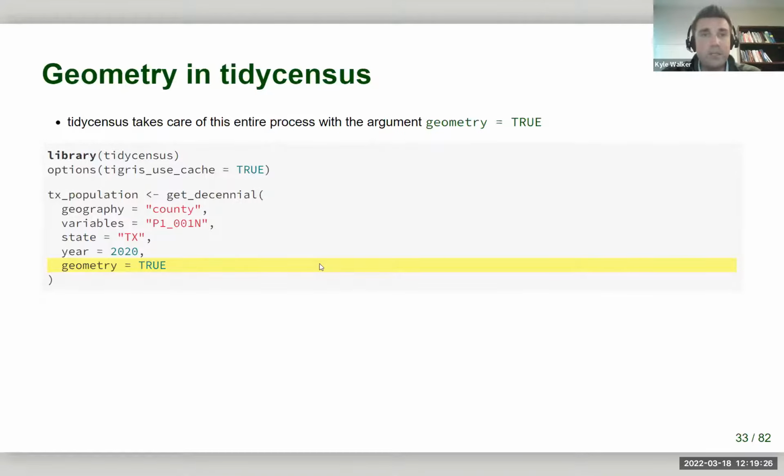It merges those shapes internally to your demographic data. It formats everything appropriately for you, and it gives you back spatial data enriched with demographic data by adding one extra line of code. This is the main reason I wrote tidycensus, and I use this feature constantly. So let me show you how this works.